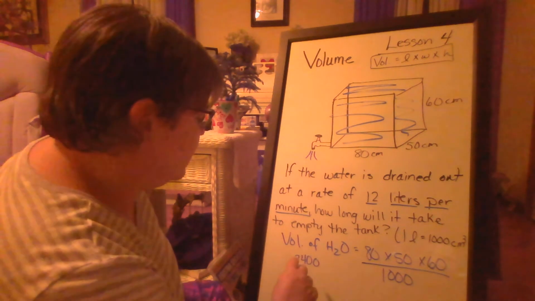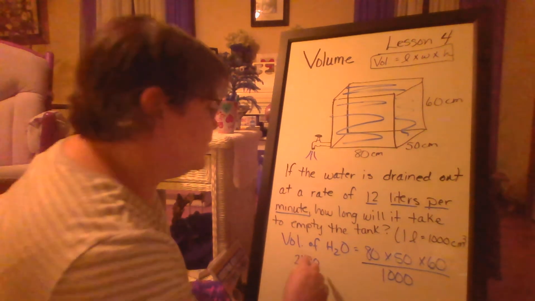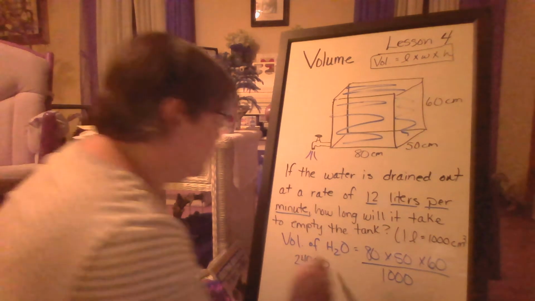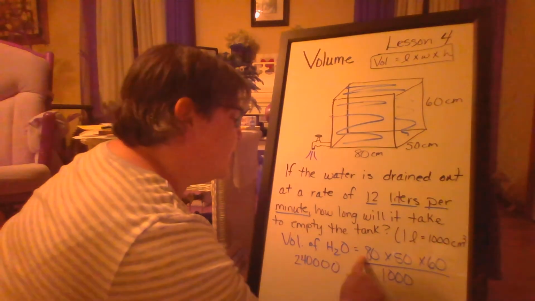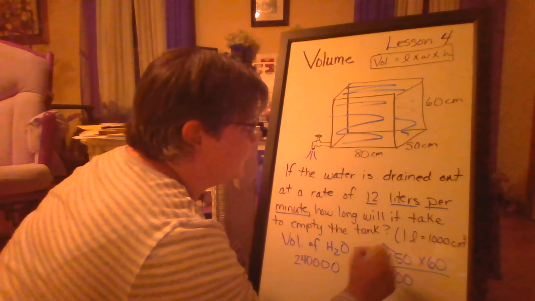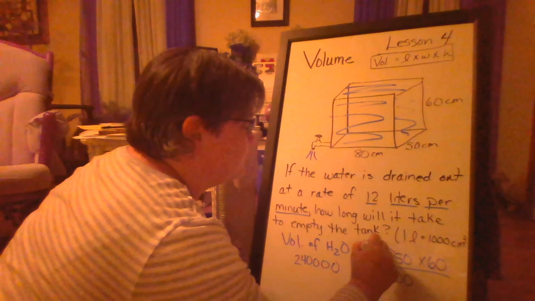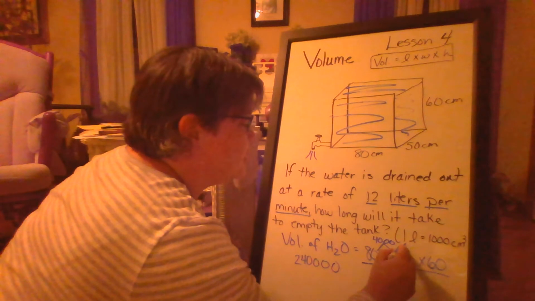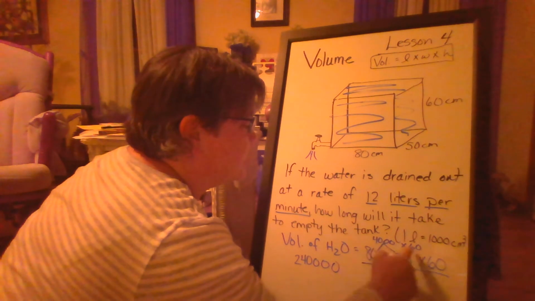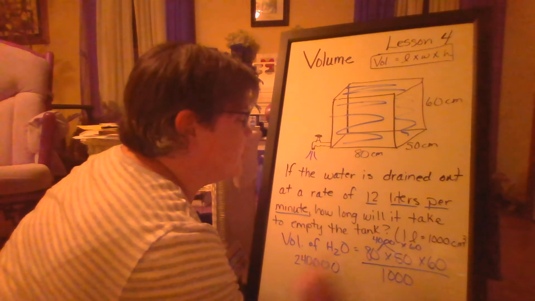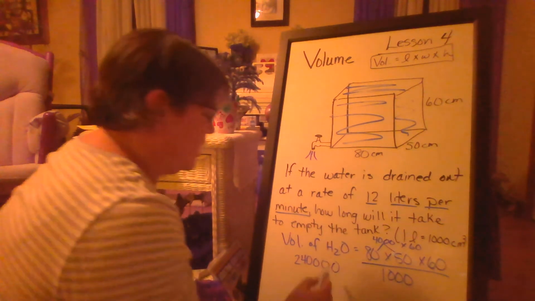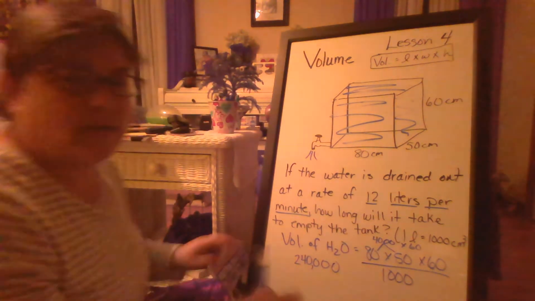Let me try that again. 8 times 5 is 40, and there are 2 zeros. When I multiply that times 60, 4 times 6 is 24 with 1, 2, 3, 4 zeros.